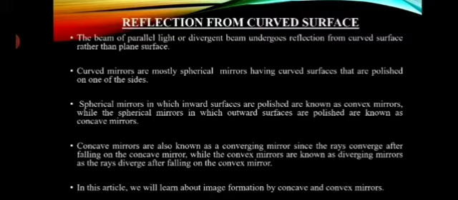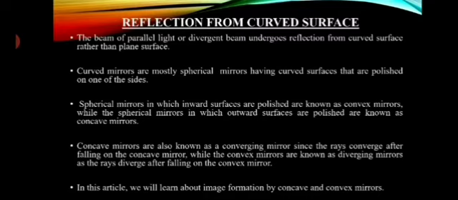Whereas when you consider light rays coming from a finite or tiny object, that is a small point object, the rays behave like they are coming from a single point or a converging point, after which they pass through the reflecting surface.